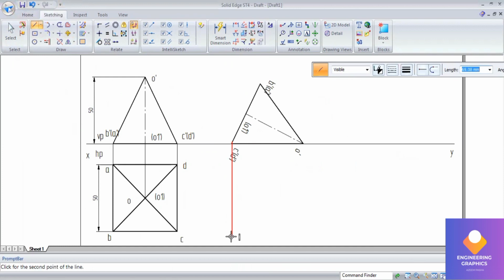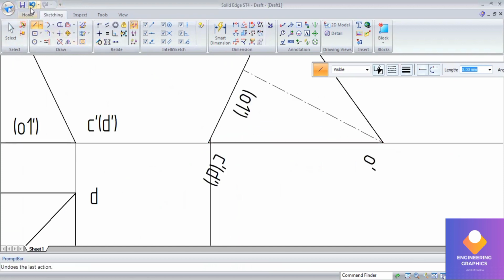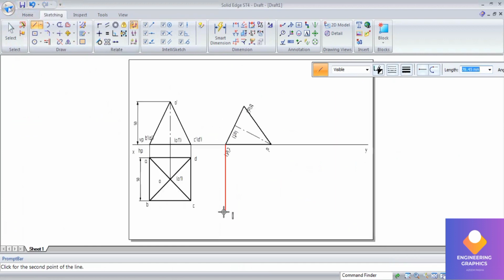Draw the projection lines. So draw by zooming in, so that you can draw from the exact ends. And make sure you are joining to the correct endpoints.